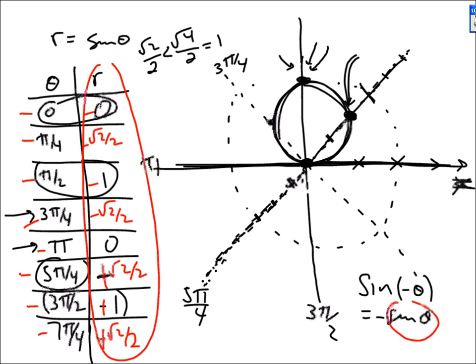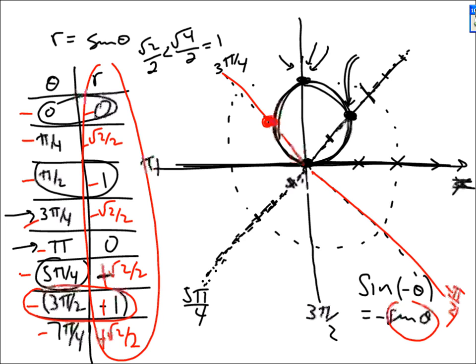At negative pi over 4, which is this angle right here, I go negative the square root of 2 over 2. That is, I go the opposite direction. I go to right there. Okay, and at negative 3 pi over 2, I go out 1.